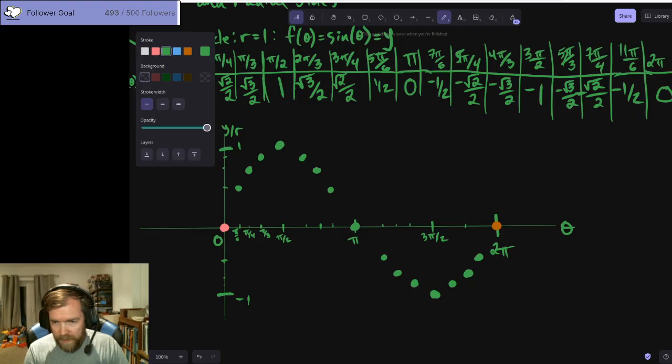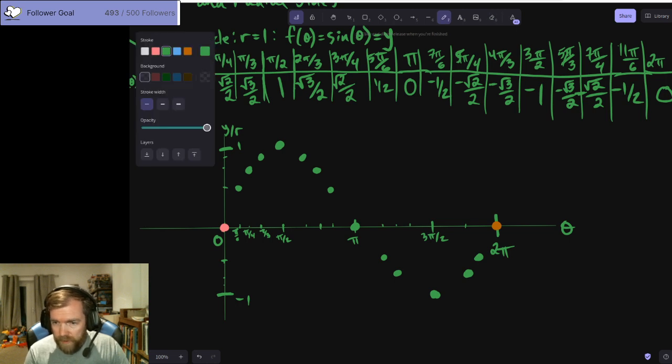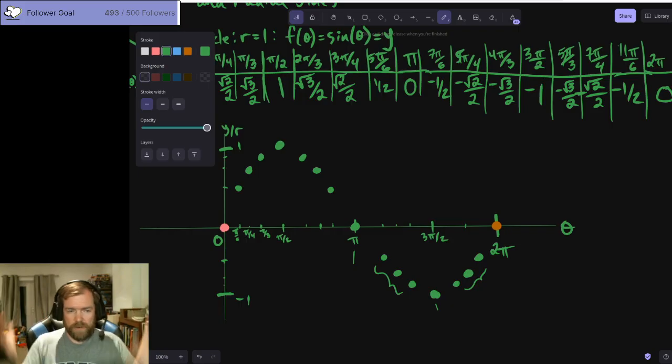Furthermore, these should be essentially grouped. So you're going to have these three and these three closer together than they are to either of your major points.